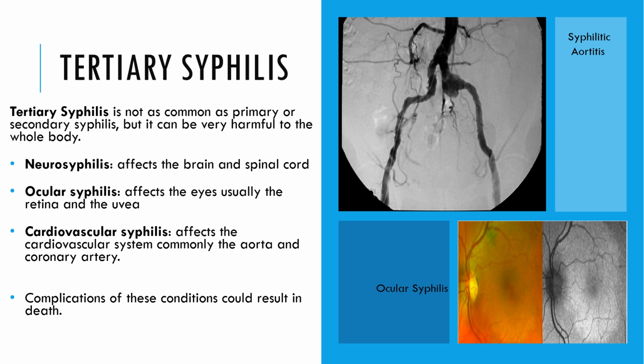Cardiovascular syphilis commonly affects the aorta and the coronary artery. Complications of these conditions caused by tertiary syphilis can result in death. And over here you can see examples of cardiovascular syphilis and ocular syphilis.